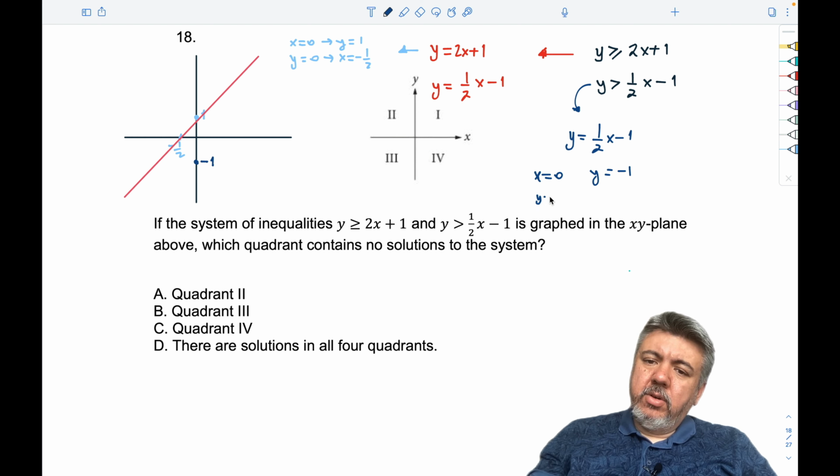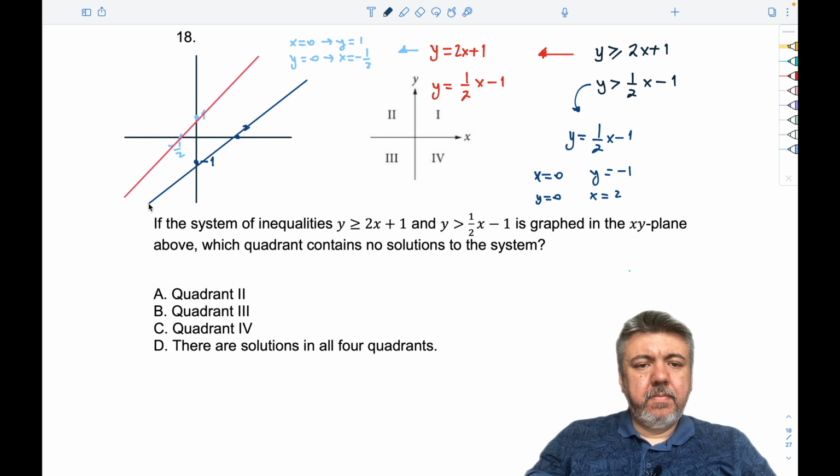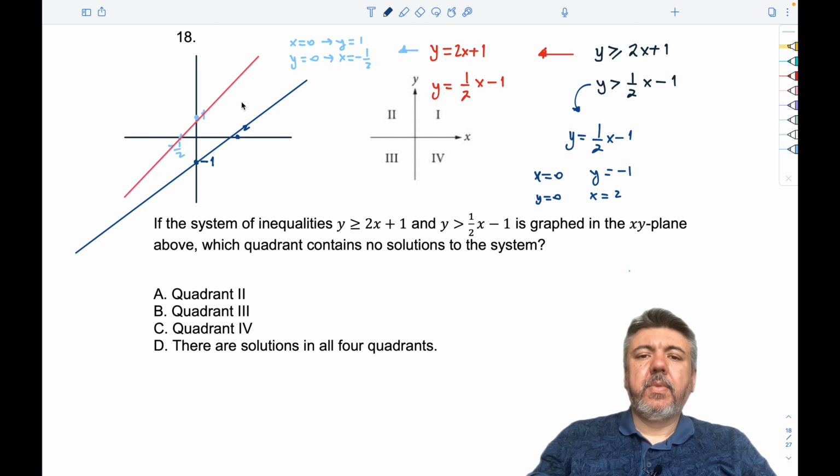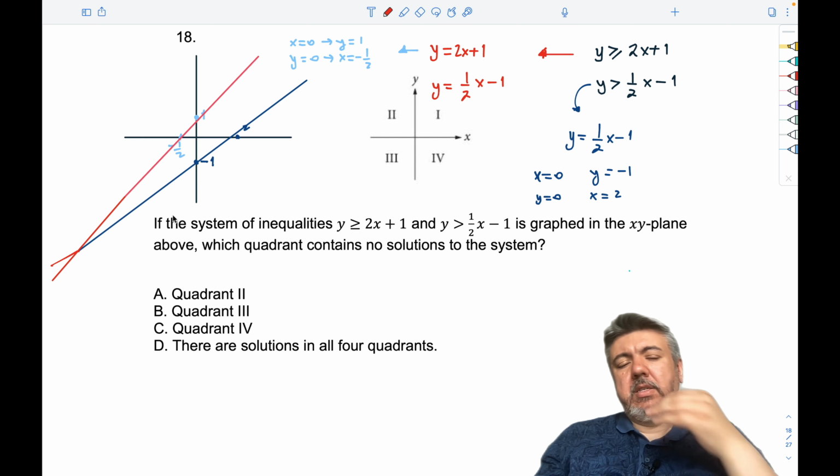And for y equals 0, x equals 2. y0, x2 means here. So it's gonna be something like this. Okay, I want to extend them a little bit. My sketch is not very successful here, but it's something like this.